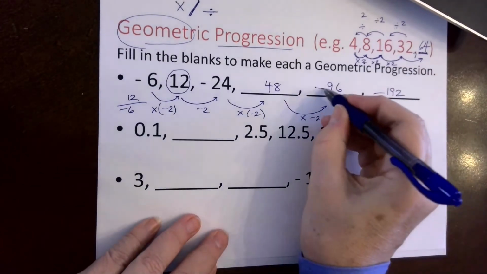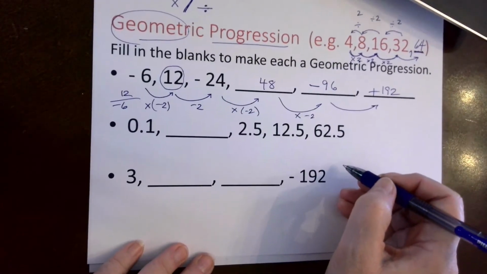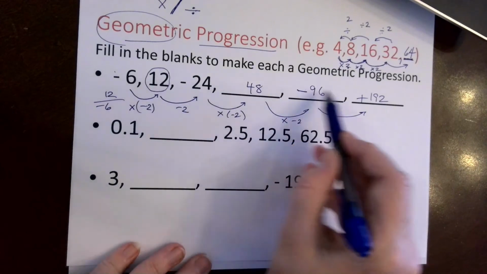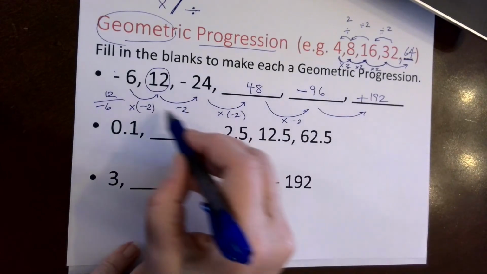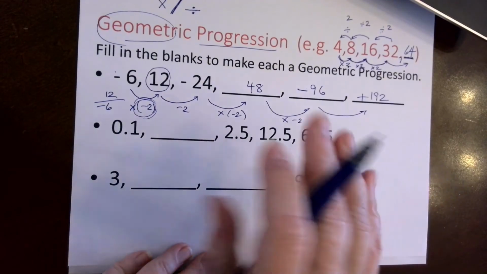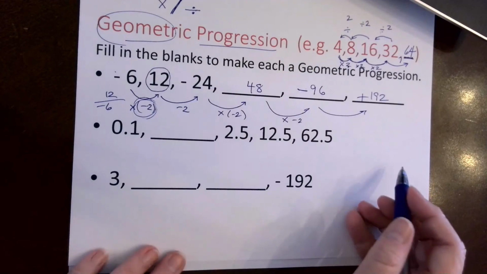Ooh, no, this one's negative times a negative is positive. Notice how it's negative every other number? That's a good clue that we're going to be multiplying or dividing by a negative, because that'll shift it back and forth. Positive, negative, positive, negative.